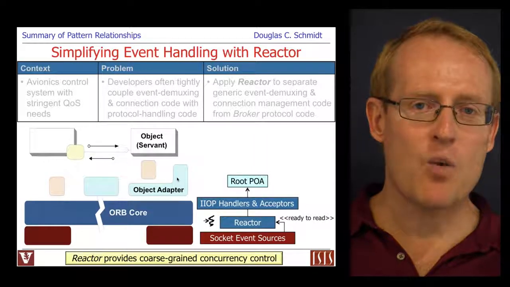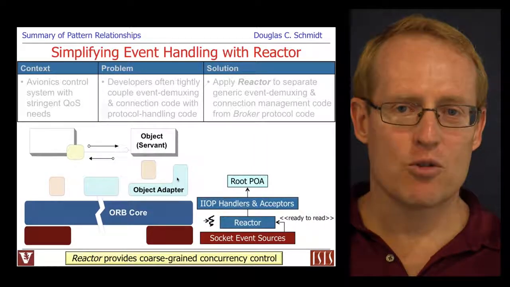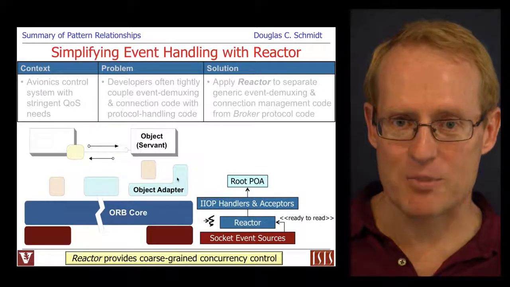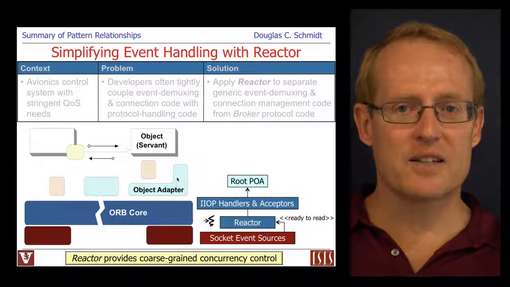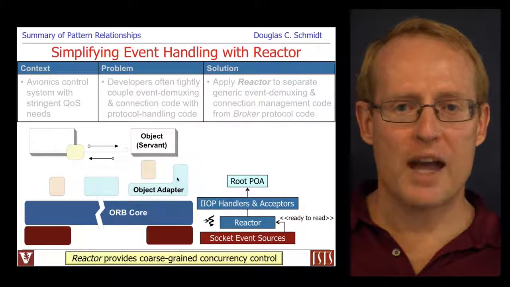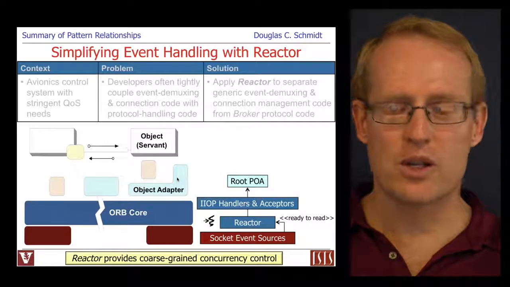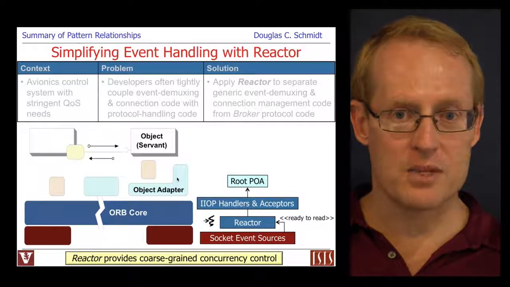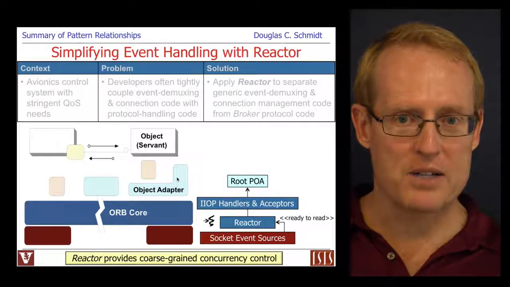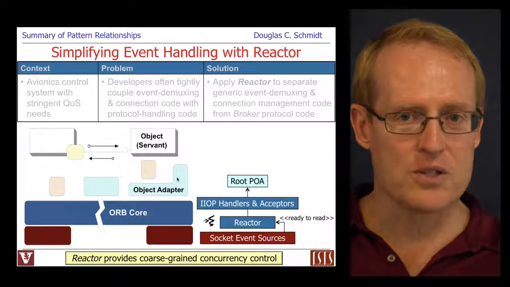Here's an example of how we could apply the reactor pattern together with its common friend, the acceptor-connector pattern, in the context of a very simple implementation of a broker. We would have the broker using a reactor to wait on some set of endpoints, things like sockets or other forms of inter-process communication handles.